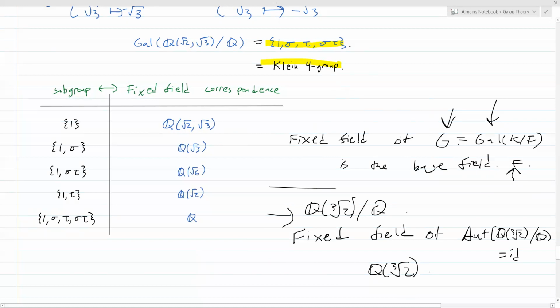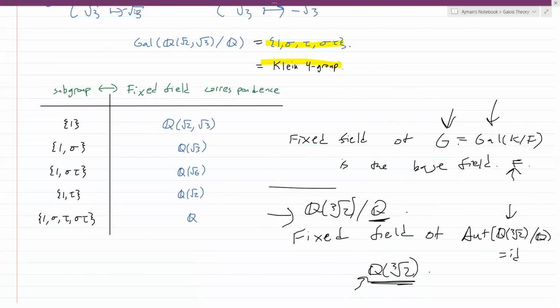But in this case, the only automorphism is the identity automorphism, so the fixed field is the whole field. So it's like the opposite of a Galois group, because the fixed field is not the base field of this automorphism group. It's the whole field. And that's how bad it is from being a Galois group.